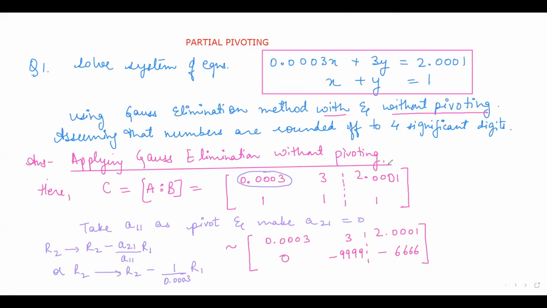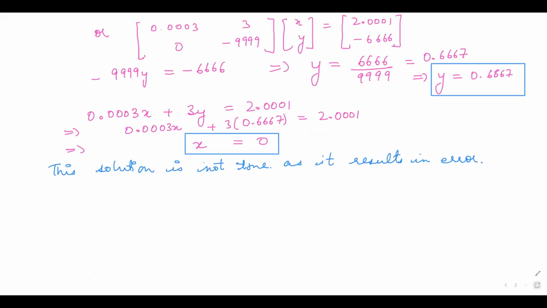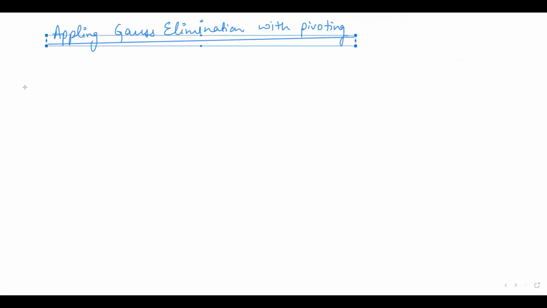All right. Now we'll move ahead to the second case, where I'll be applying the Gauss elimination method with pivoting. So let us consider the case of Gauss elimination with pivoting. Now with pivoting, you just need to understand that you have to choose the maximum magnitude element in the particular column.